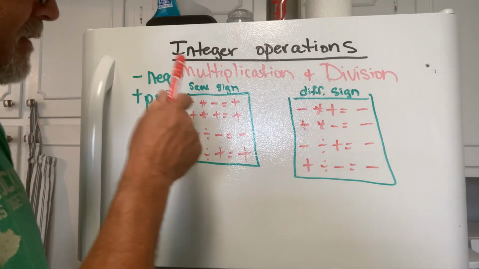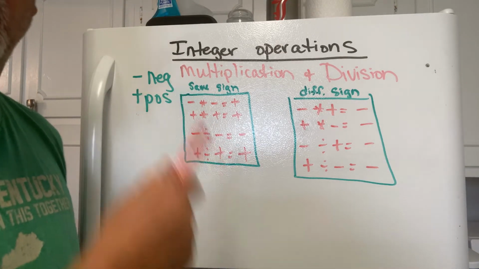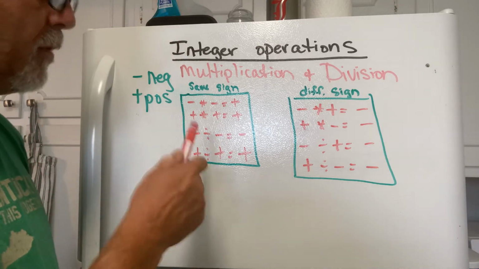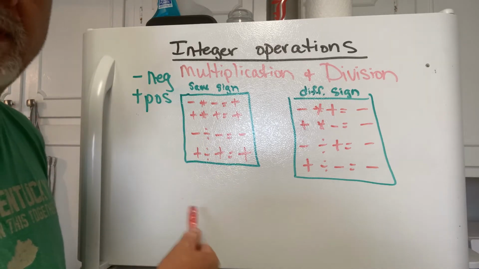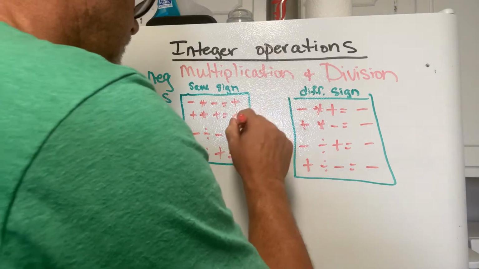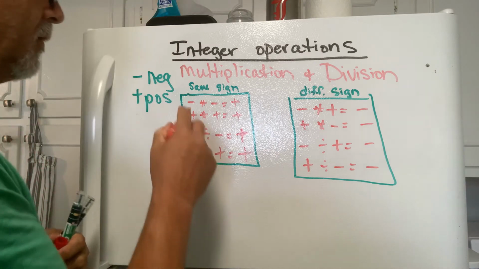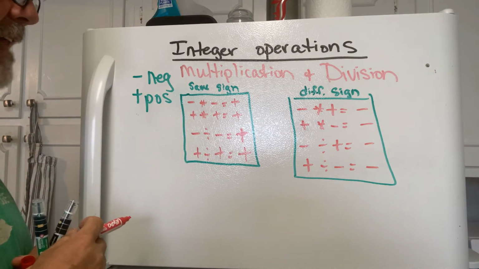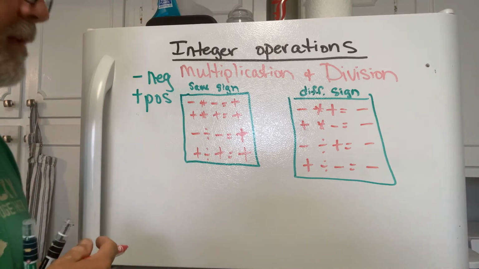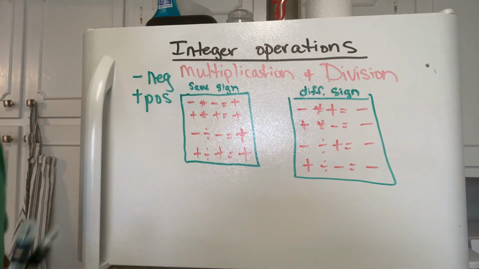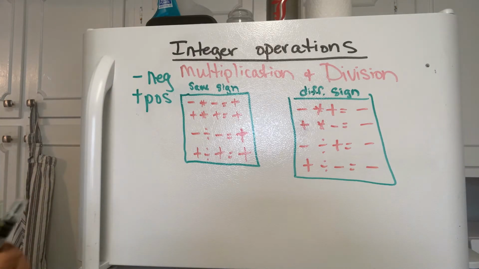What that means is, if the signs are the same for your two factors, your product or your answer to a multiplication or a division problem will always be positive. So, negative times negative, positive times positive, negative divided by negative, positive divided by positive: your answer is always positive if the signs are the same.